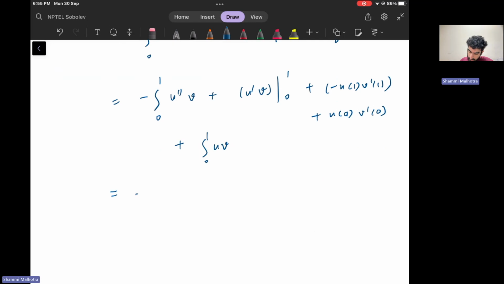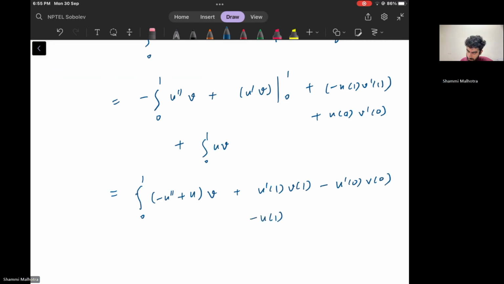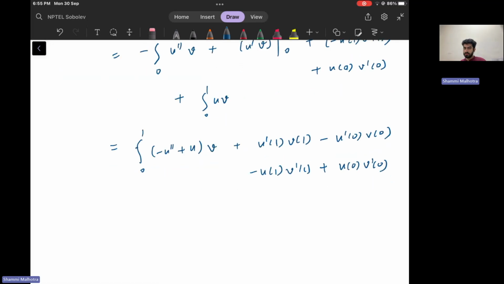All this can be written as integration 0 to 1 of minus u double dash plus u times v, plus u dash 1 v1 minus u dash 0 v0, minus u1 v dash 1 plus u0 v dash 0. So we will be done if we show these extra terms apart from the integral are 0. Then we have the self-adjointness of the operator T.